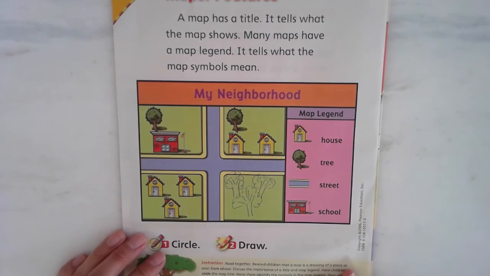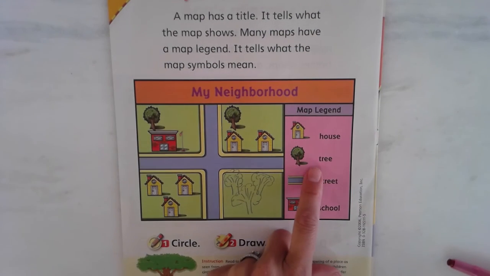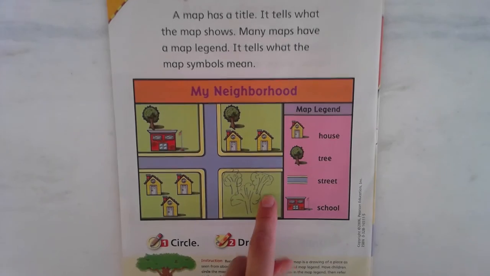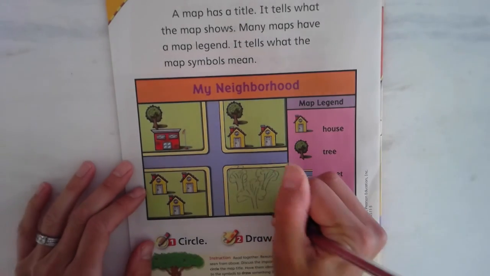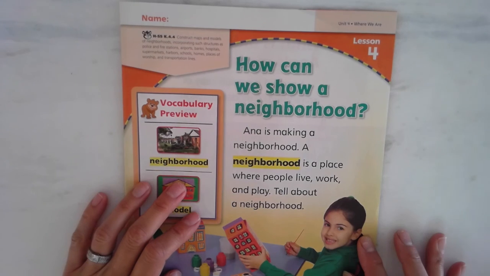There we go. So I've got a lot more trees just matching my legend, and I'm gonna pretend that this is a little park. How can we show a neighborhood?